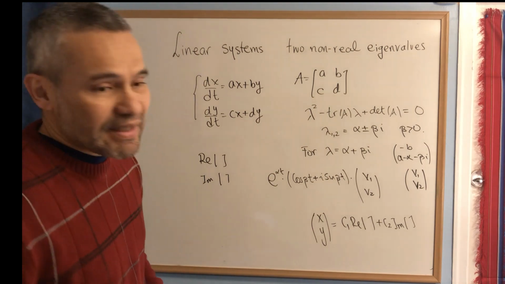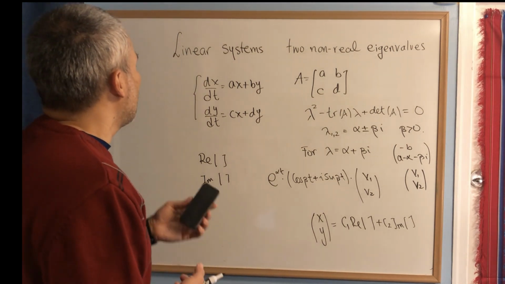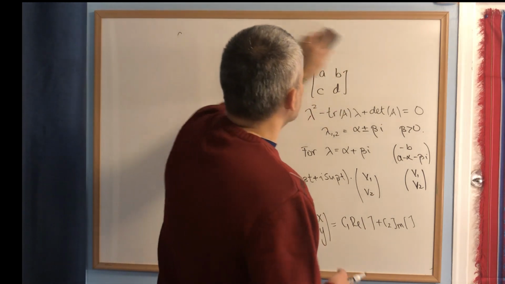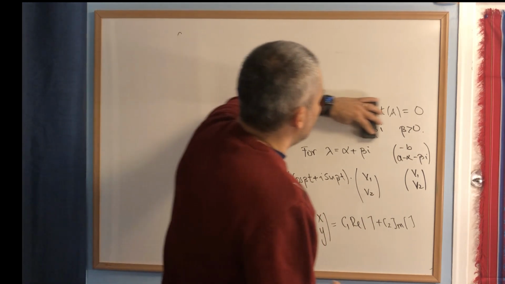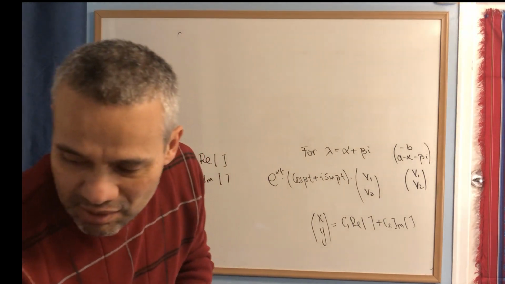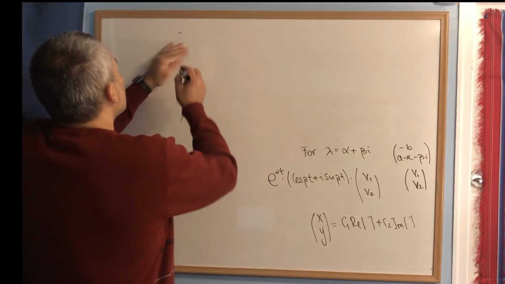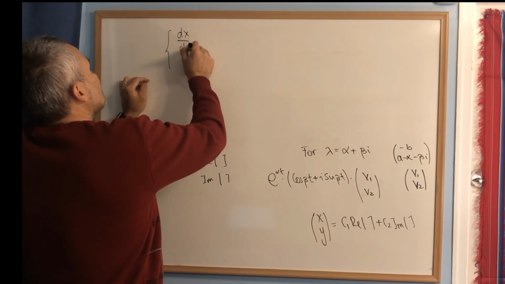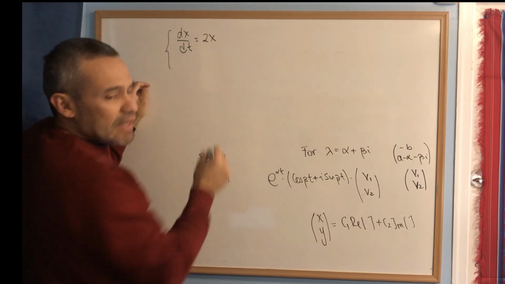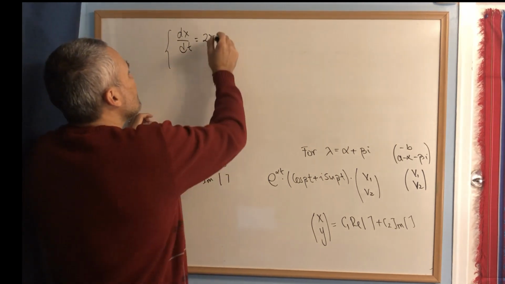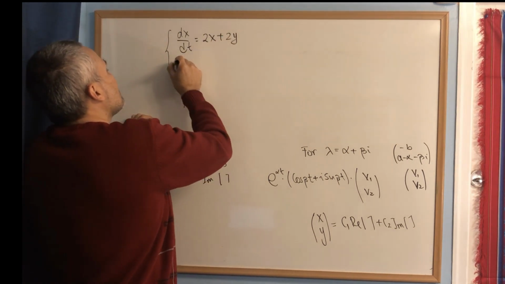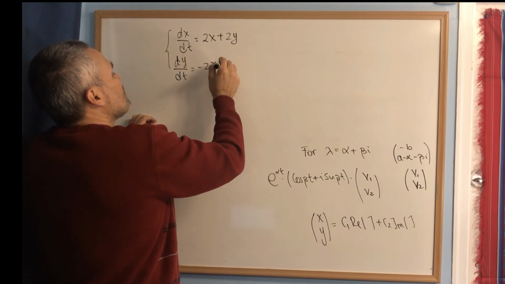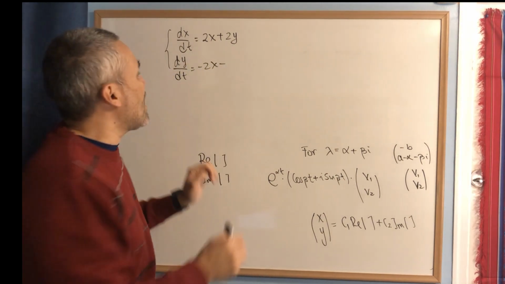Let's do a particular example to see how it works. Let's say we want to solve the system dx/dt equals 2x plus 2y, and dy/dt equals negative 2x plus 2y.